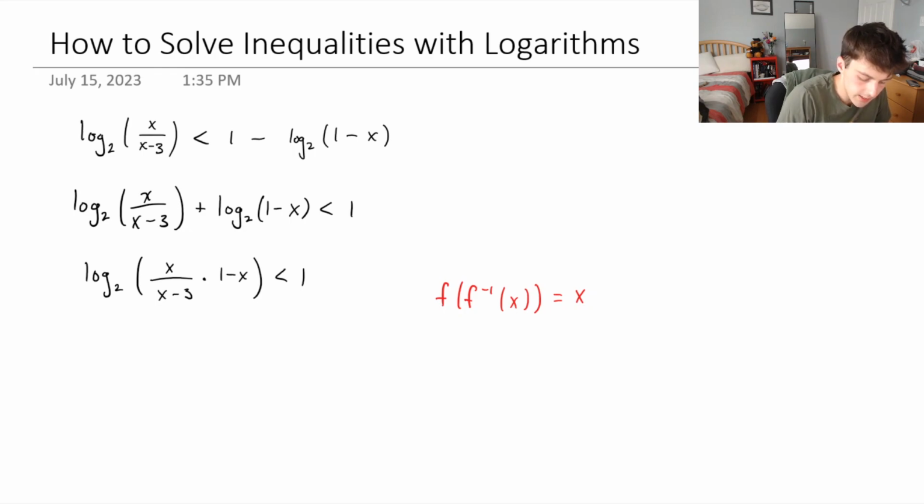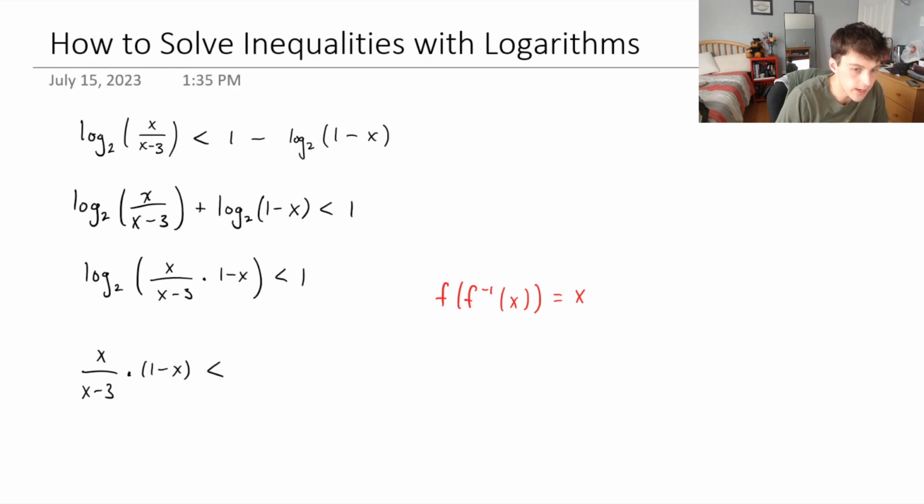So in this case, to do this, we take everything to the exponent of 2. Or I didn't phrase that right, but we'll have 2 to the exponent of what we've got on our left side, and then 2 to the exponent of what we've got on the right side. So we just said that since they're inverses, they'll cancel each other out, and we'll just be left with x over x minus 3 times the quantity 1 minus x.